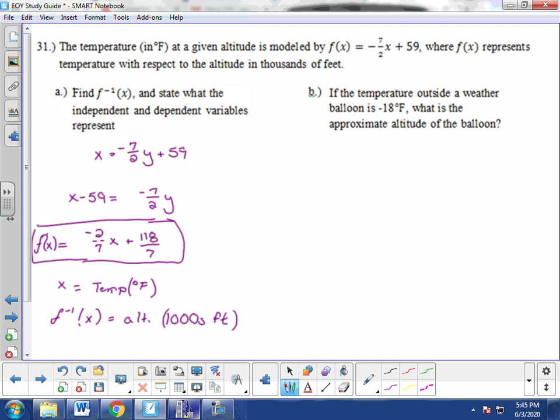So then in part B it says if the temperature outside a weather balloon is negative 18 degrees Fahrenheit, what is the altitude of the weather balloon? Well, all we have to do here is go ahead and substitute in negative 18 for x, because now x in this inverse equation represents the temperature. And we can do this in the calculator.